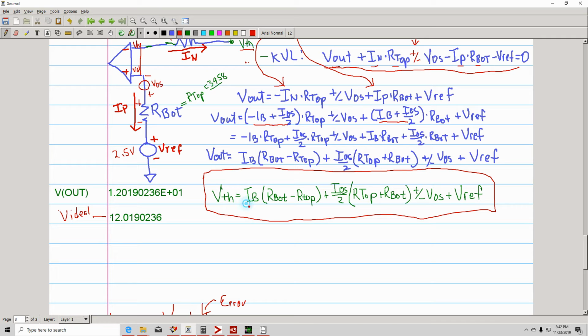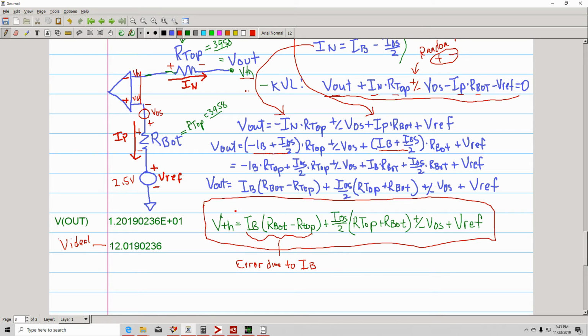Okay, so this term is going to give you the errors due to IB. Okay, but let's take a look at this. What's it saying? Well, this is the bias current times R bot, which is the bottom resistance, minus R top.